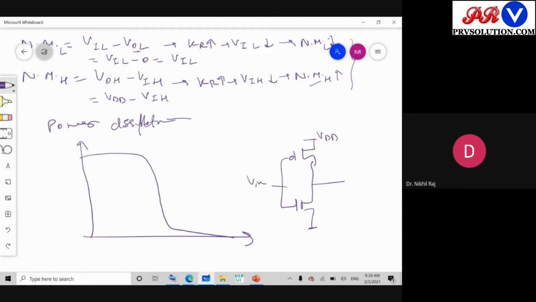DC power means in a single condition, when the input is either 0 or 1. So this current flowing here is IDP, and this current is IDN. So no current is flowing here. So when the NMOS is in this region or in this region, what should be the power dissipation?